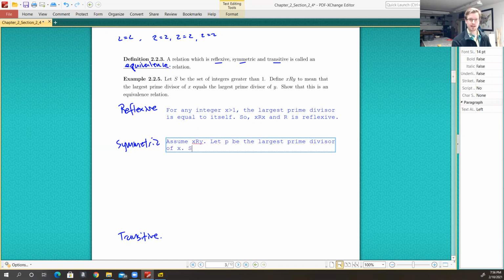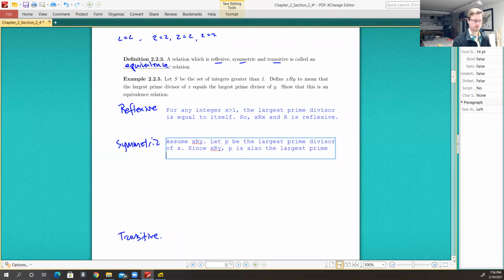Since x is related to y, p is also the largest prime divisor of y. Excellent, right? Because they're related, we know that p is also the largest prime divisor of y.